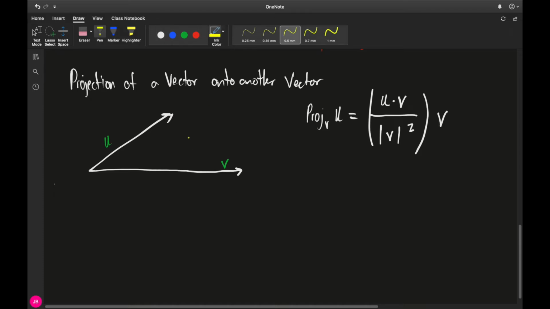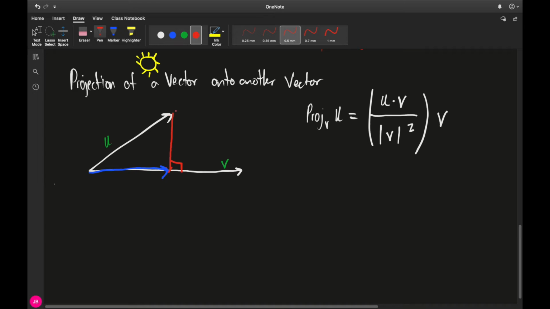Now, what exactly is projection? Let's imagine for a second that we have a light source, like the sun, and vector u casts a shadow on vector v. The shadow is going to go from the meeting point of these two vectors all the way to the point where connecting u and v would form a 90-degree angle.